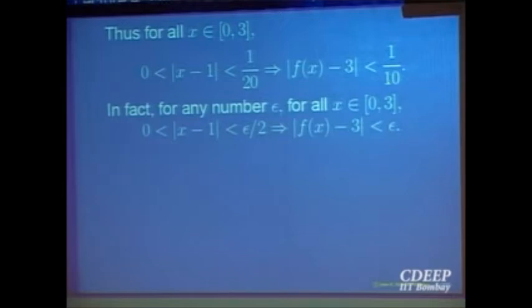I want the margin for error to be smaller than this, less than 1 by 10. So I want the error; epsilon is coming from the Greek word for error. In mathematics, one is never illogical. All the names and notations are chosen with care so that the notation itself should explain something to you.